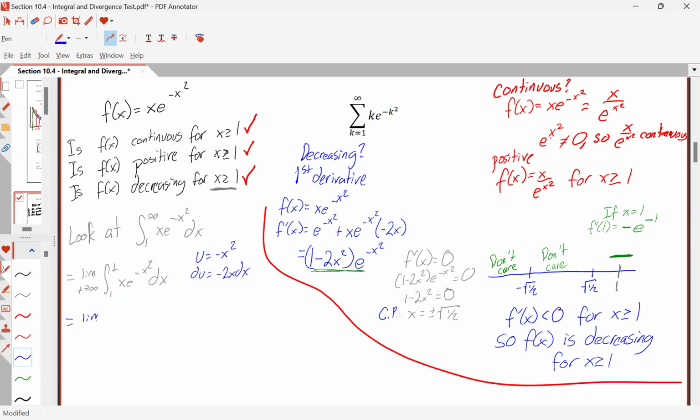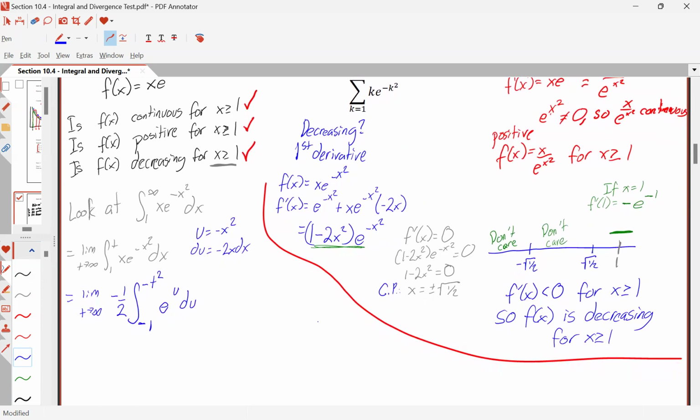So we still have that limit as t goes to infinity of negative 1/2 the integral from, plugging in our lower and upper bounds, negative 1 to negative t squared of e to the u du.